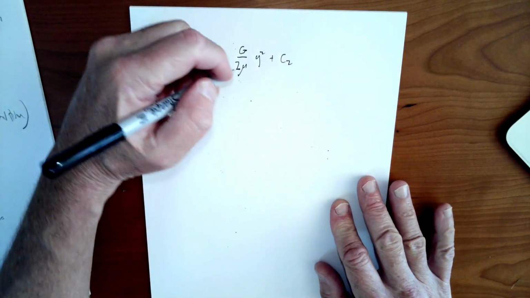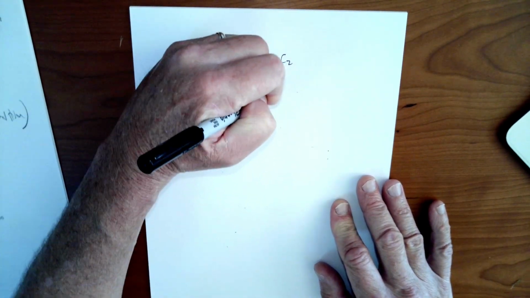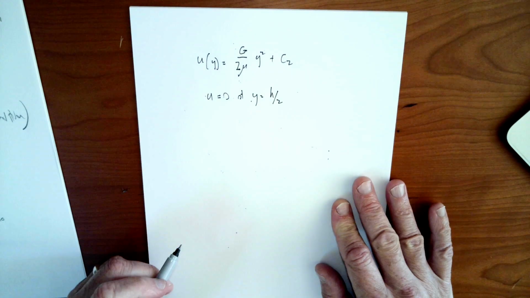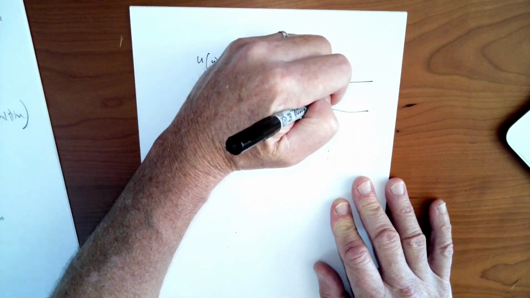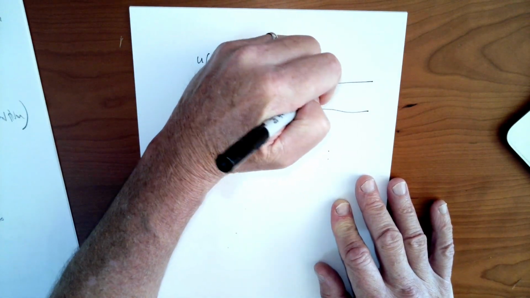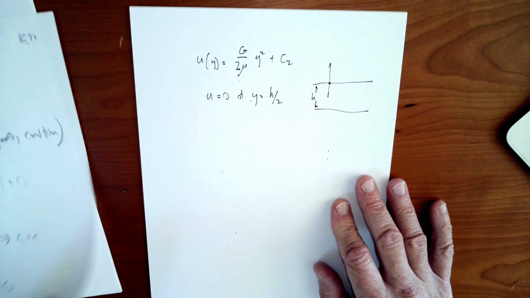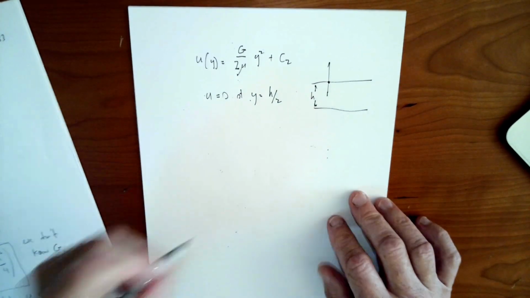Now we apply our second boundary condition. u equals 0 at y equals h over 2. That's where the wall is, right? So we've got our no slip condition at this point, y equals h over 2. That's where the velocity has to go to 0 because of the no slip condition. So we plug those things in.